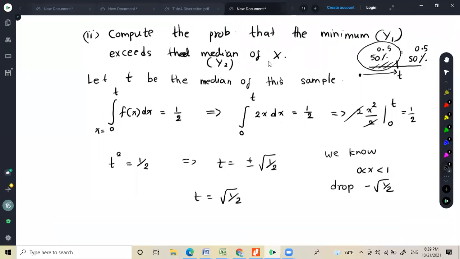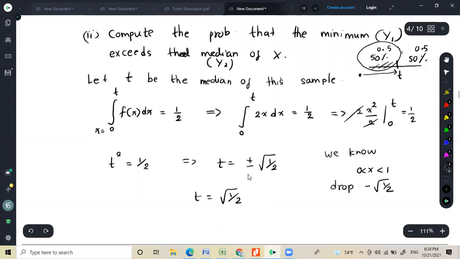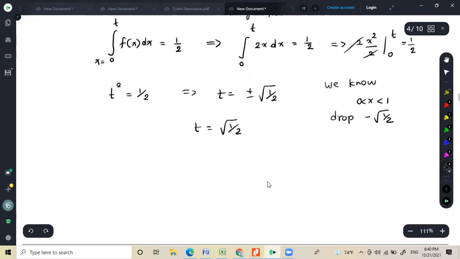The negative can be dropped because our random variable x has support from 0 to 1. It contains only values in between 0 and 1. All the others are not valid. So the negative square root of 1/2 can be dropped. Therefore, our median is square root of 1/2.